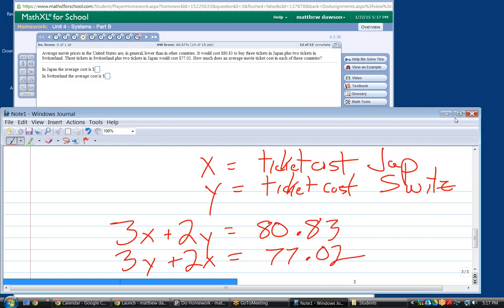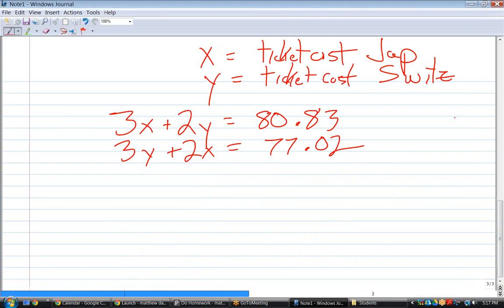Okay, so now we have enough information to solve these 2 systems of equations. Now, I really need to switch these 2 to get them both into standard format. Sometimes it's helpful to number your equations, and I'll show you why.